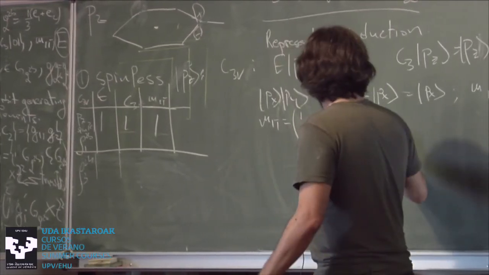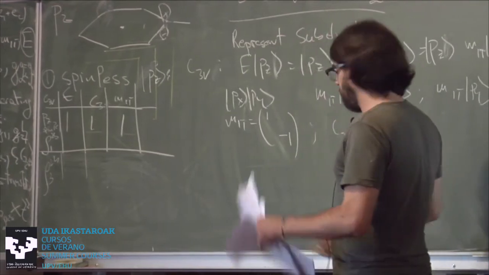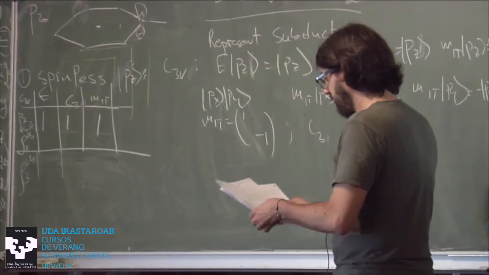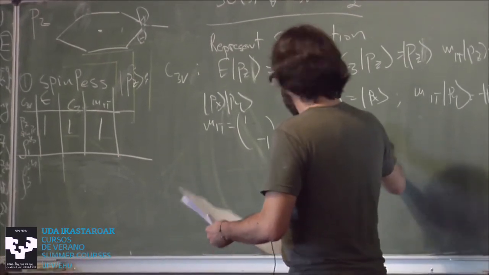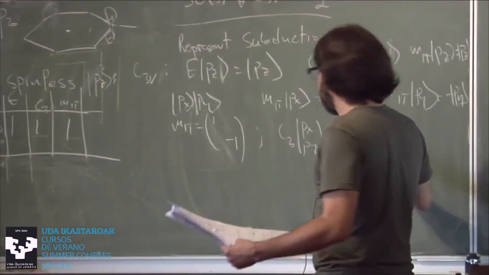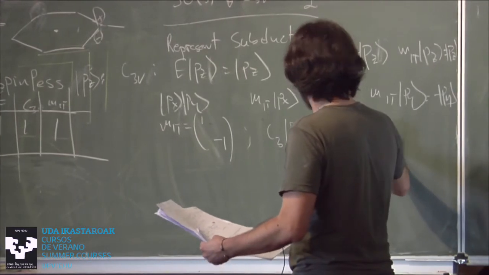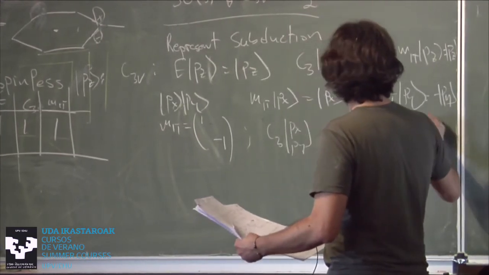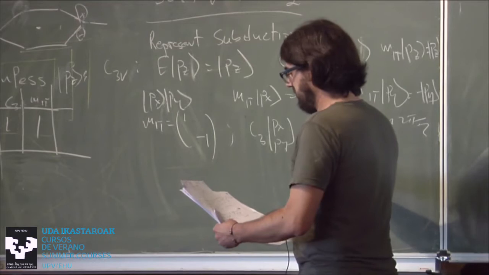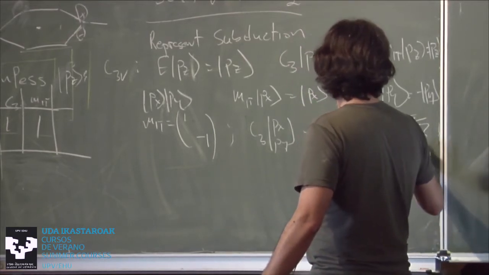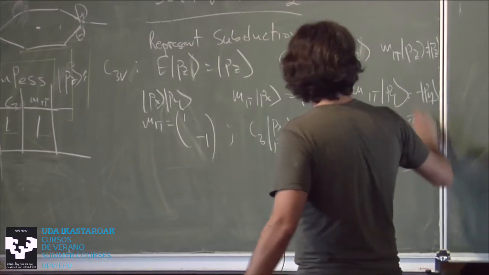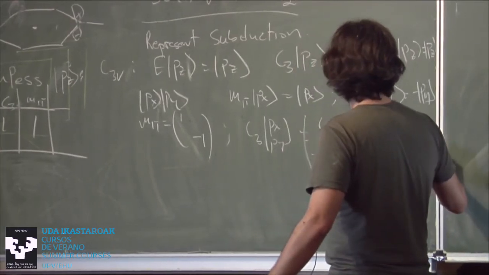But I also have C3, which on the basis of Px, Py does a rotation, and this rotation is cosine of 2 pi over 3, sine 2 pi over 3, minus sine 2 pi over 3, cosine of 2 pi over 3 times Px, Py.